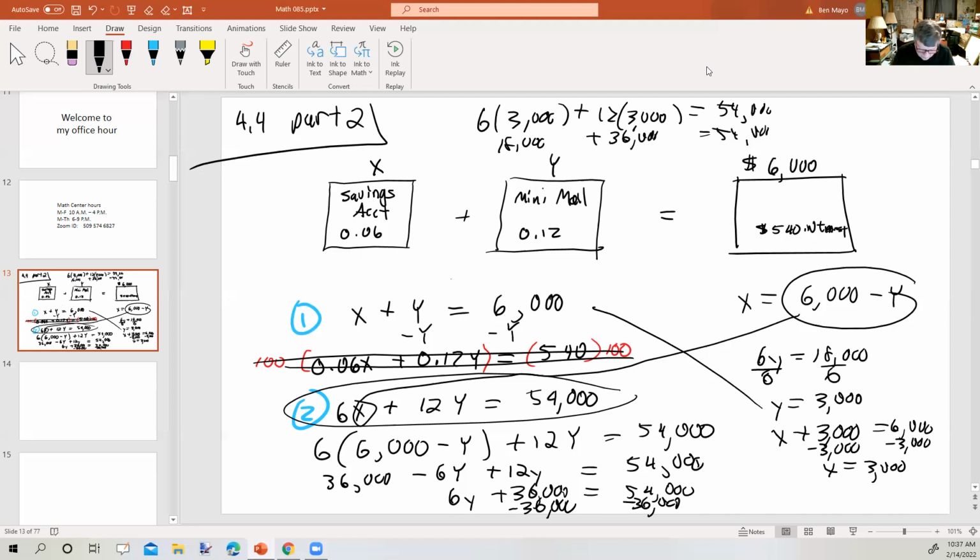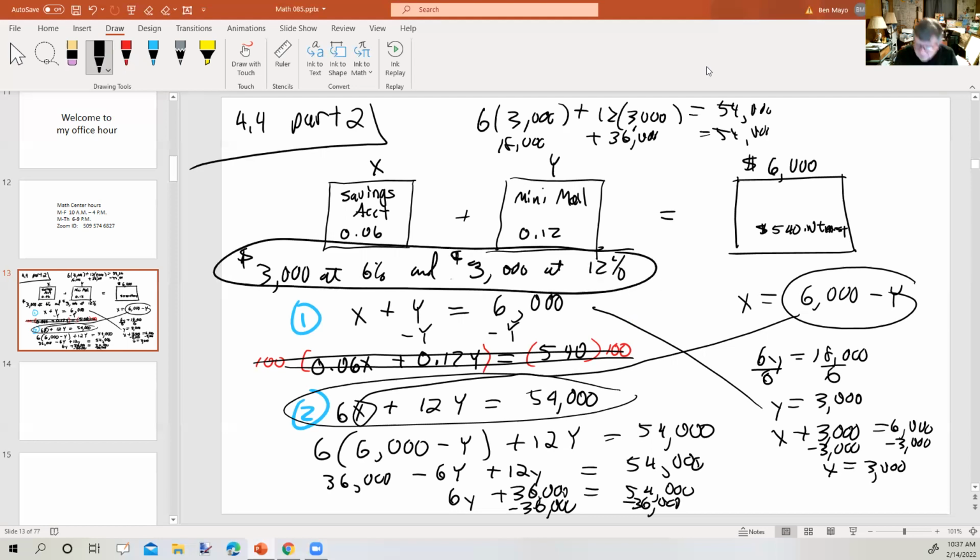It checks. So the original question said, how much money was invested at each rate? It would be $3,000 at 6% and $3,000 at 12%. Now, it doesn't always work out that it's the same amount invested at each rate, but in this case, it worked out that way. All right. Any questions about this problem before we go on?